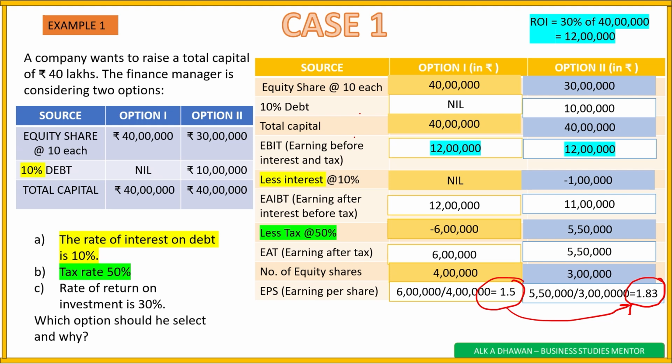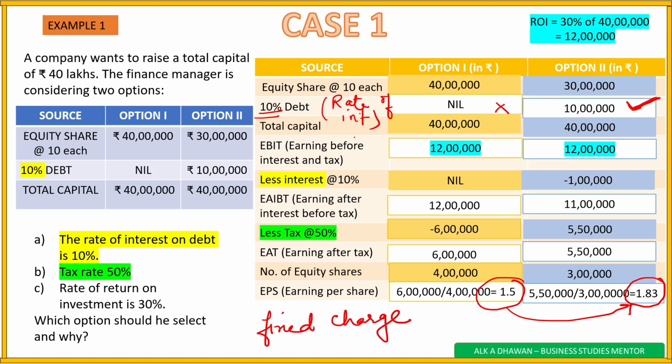When the company will use a source of finance which carries a fixed charge, like here debt carries a fixed charge, the rate of interest is fixed. Like here there was no debt, here there is a debt, so the company has included a source of finance in its capital structure which carries a fixed charge.